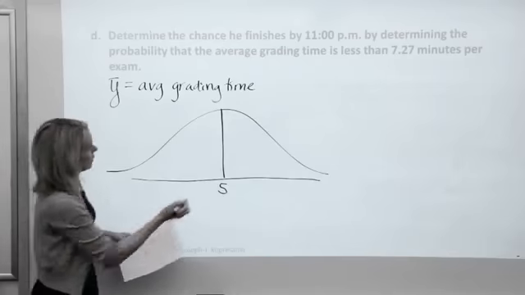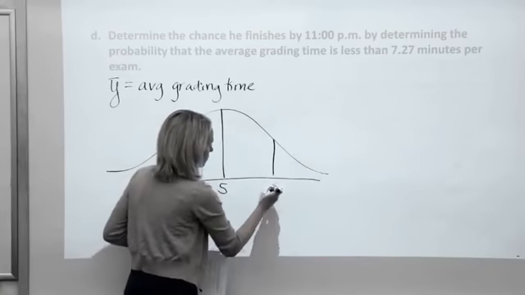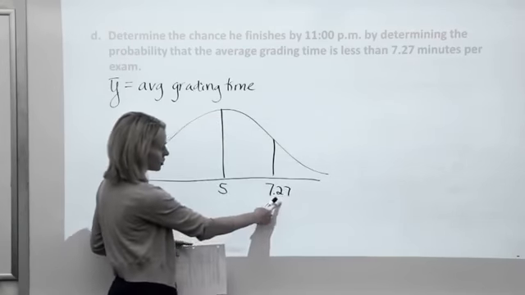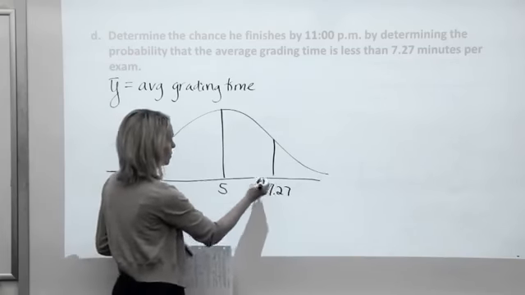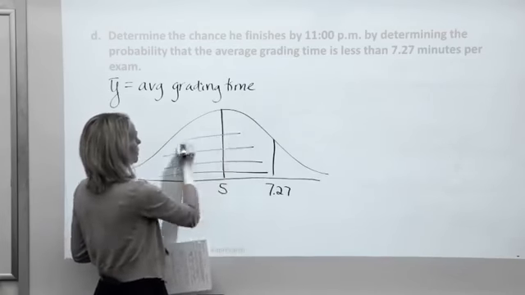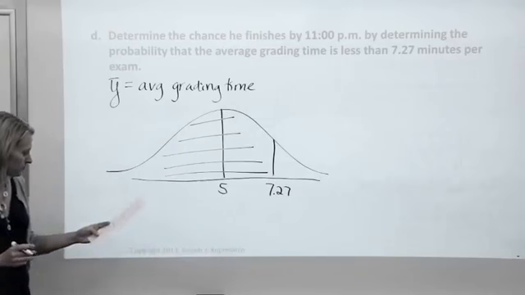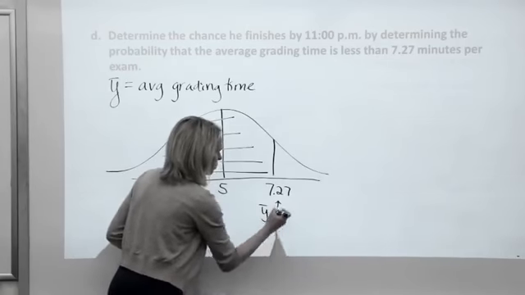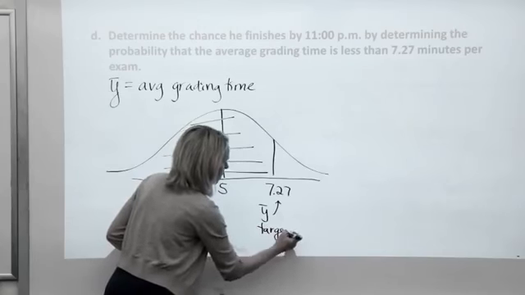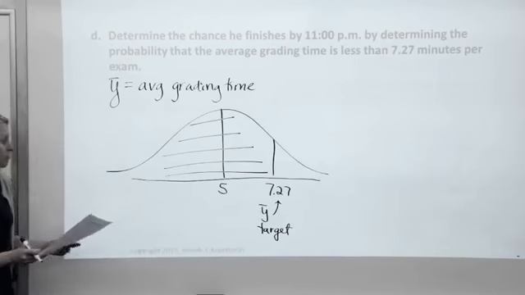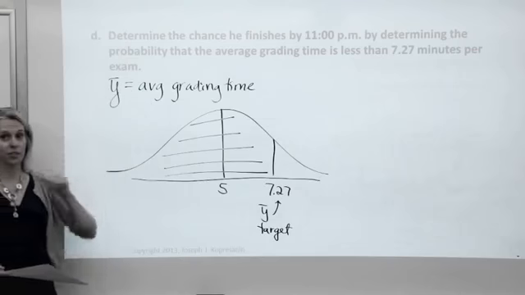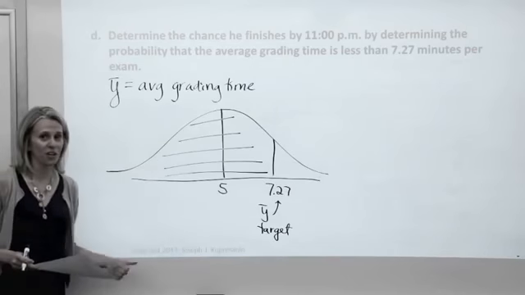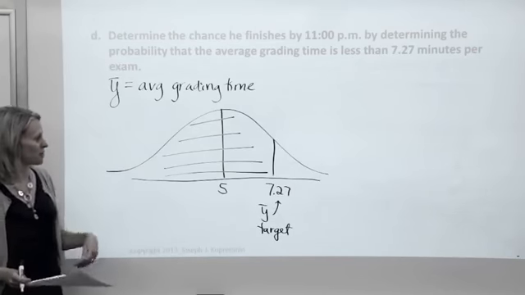And if he wants to get to bed on time, he's got to finish, and he has to average less than 7.27 minutes. So we want this area less here. So this is sort of our target for Y bar. And by now you should know how to do this. Pause the video, make sure you can get this number. Unpause it and check back.